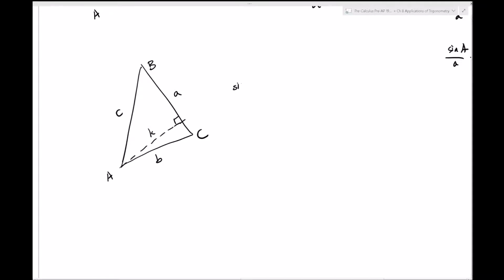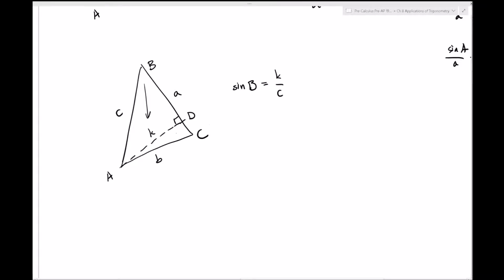I can calculate sine of B using the inner triangle. We can call this D again. Triangle BAD is a right triangle. So then out of that triangle BAD, sine of B is opposite over the hypotenuse, and this is the hypotenuse, letter c. So this is k divided by c.